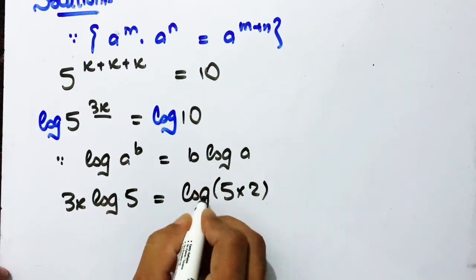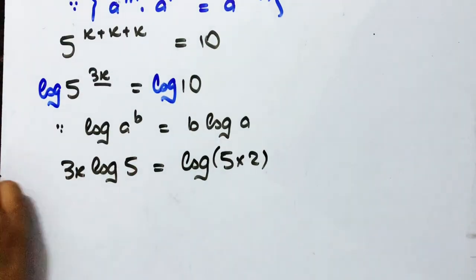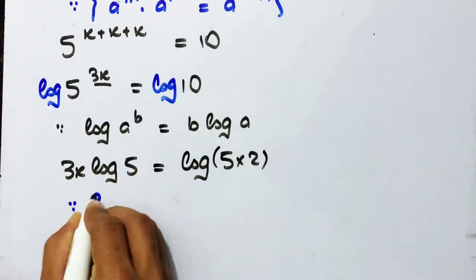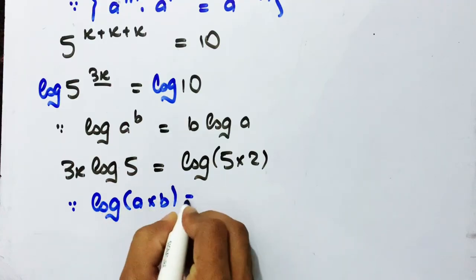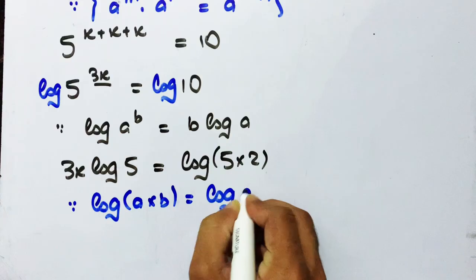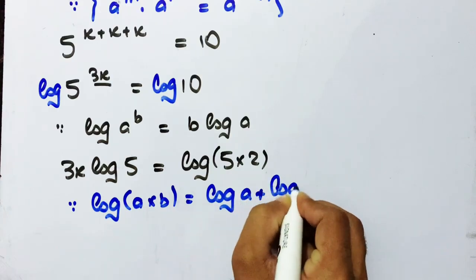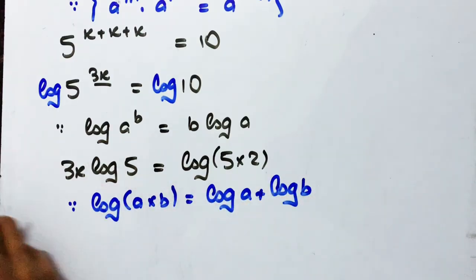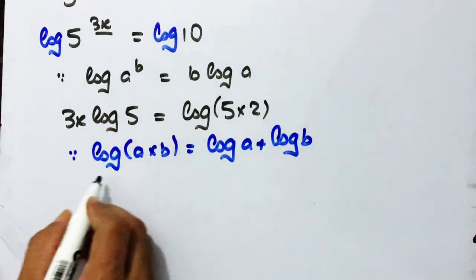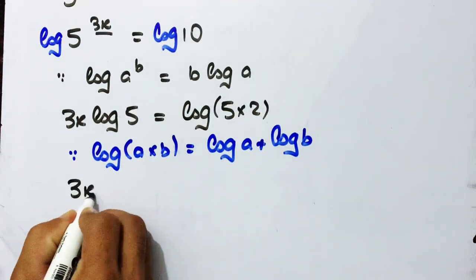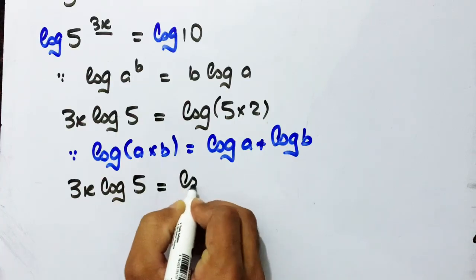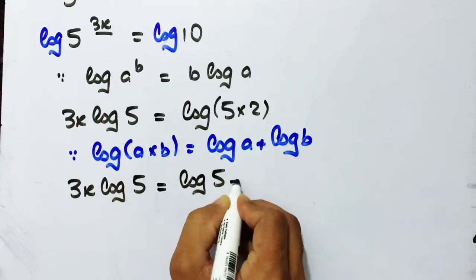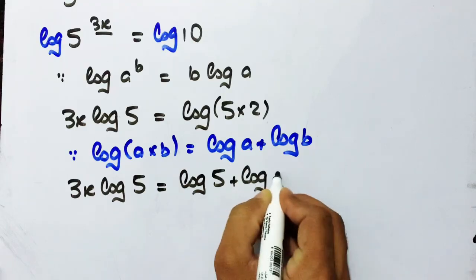Using the formula log of a times b equals log of a plus log of b, we get 3x log of 5 equals log of 5 plus log of 2.